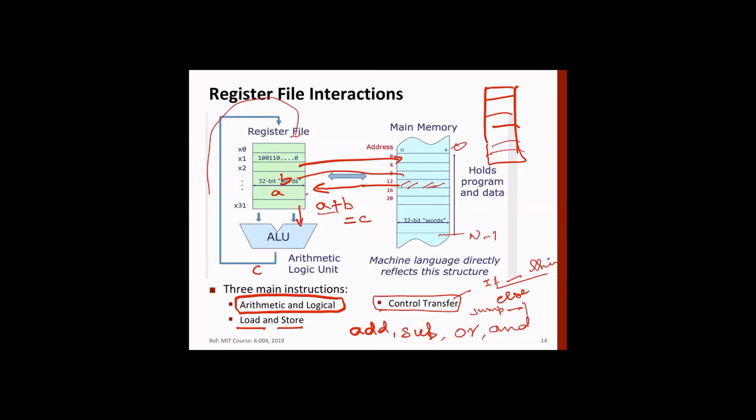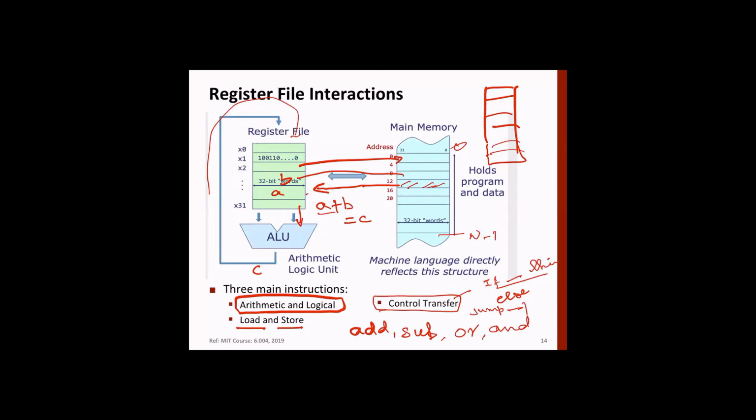Okay, control transfer instruction. Basically, what we're discussing here are three types of instruction. First is normal mathematical functions like add, multiply, subtract. Second is load and store, and third is where the normal flow of the program changes. Normal execution is sequential, because the computer or the ALU executes instructions in a sequence. You write the first instruction, second instruction, third instruction, right? And the program will always have some code that will be executed based on some condition if it's true.